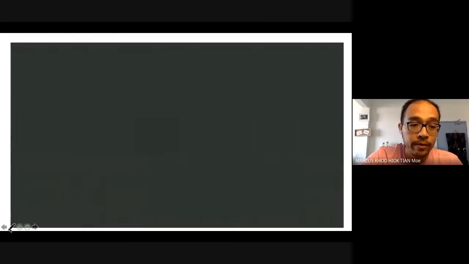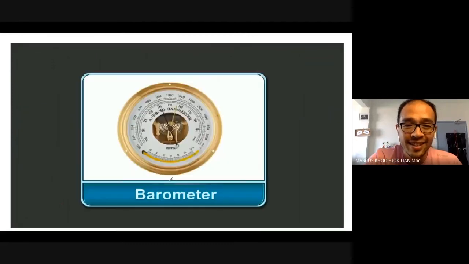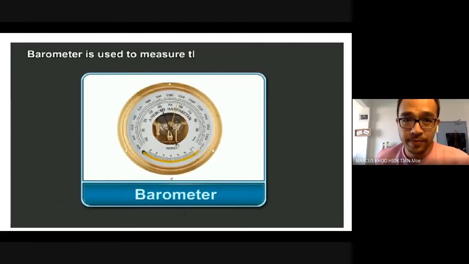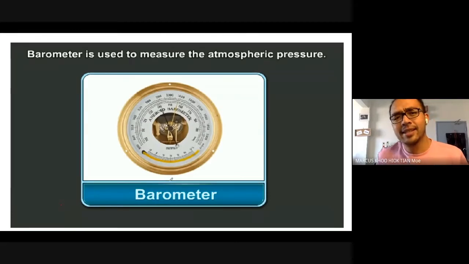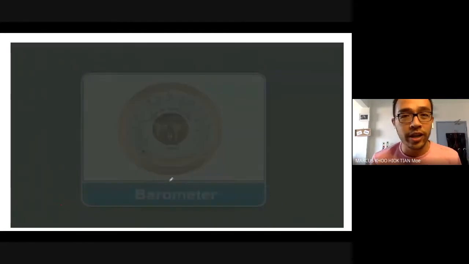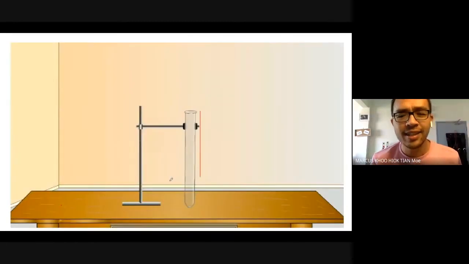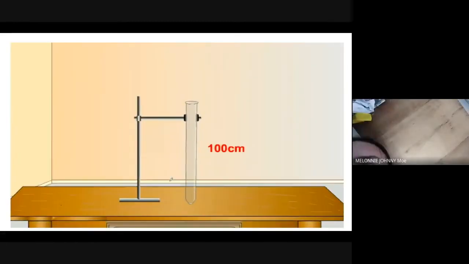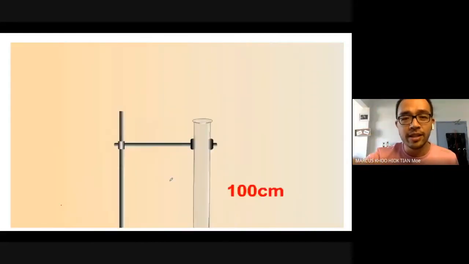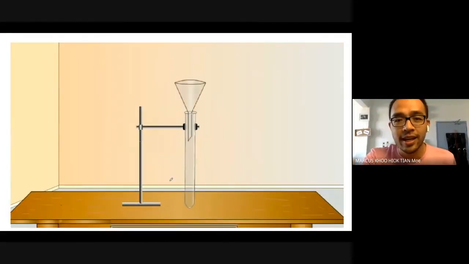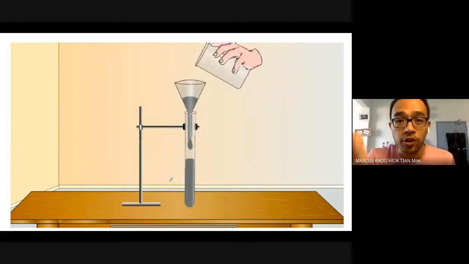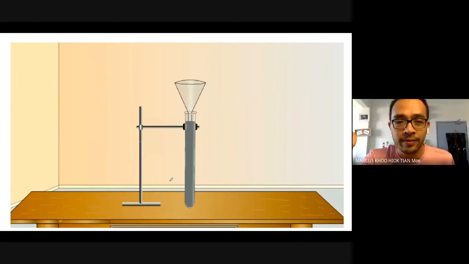Now this is what will happen. The tube is 100 centimeters long and the other end is open, so you put a funnel over there and pour in mercury.